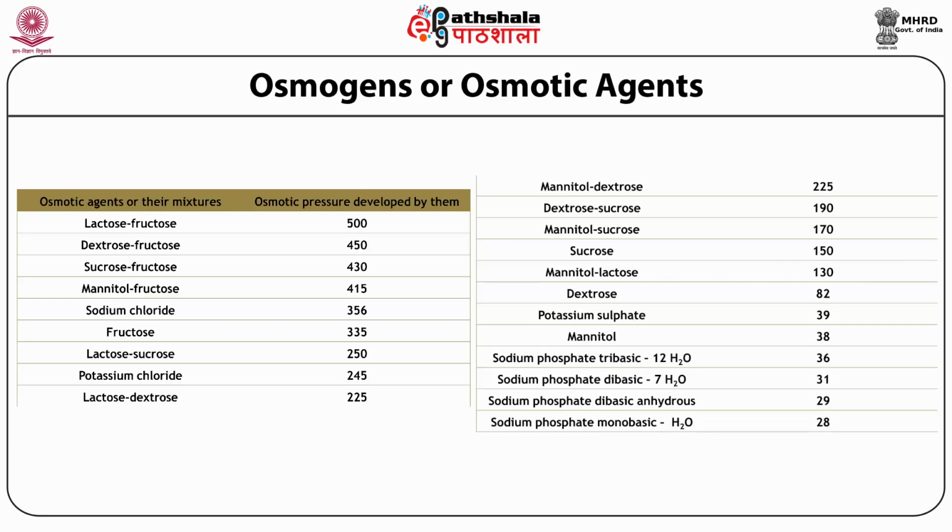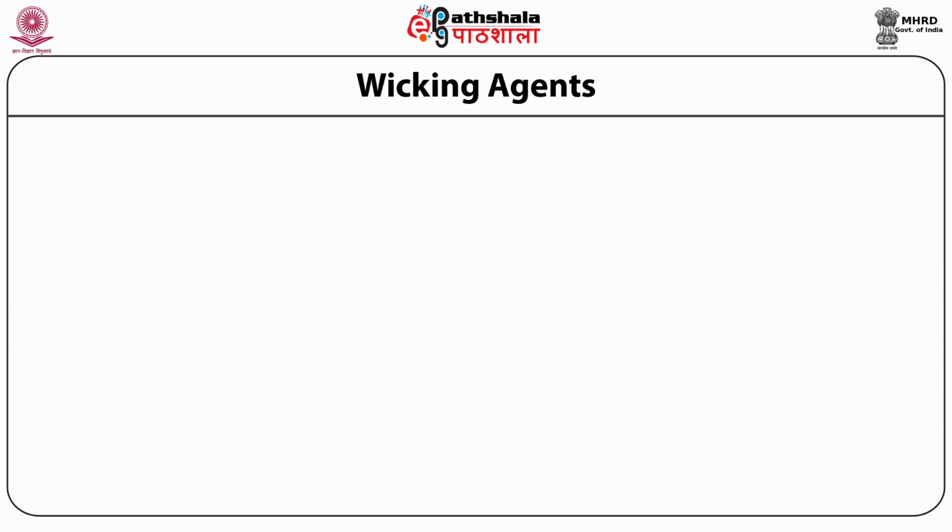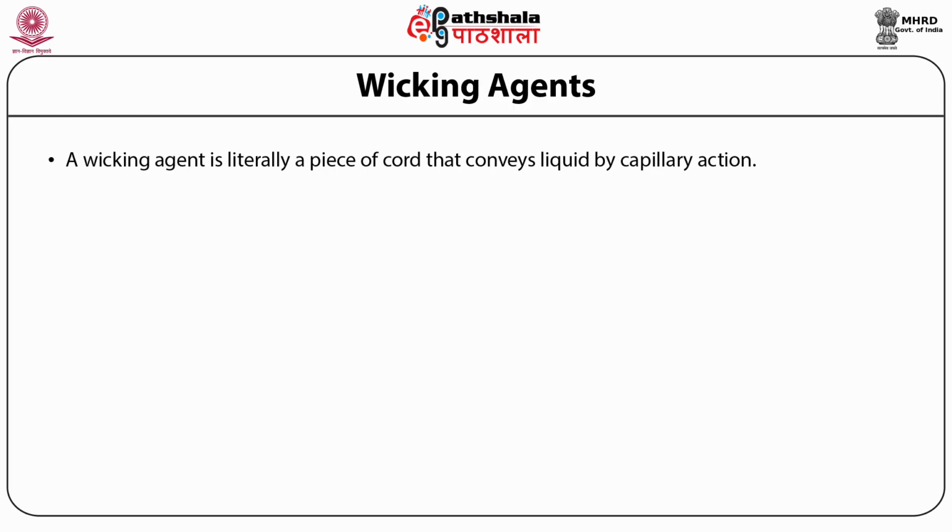Okay, so the next important component of this osmotic controlled drug delivery system is wicking agents. A wicking agent is literally a piece of cord that conveys liquid by capillary action. So it is actually a delivery cord, going and coming through, based on the principle of capillary.